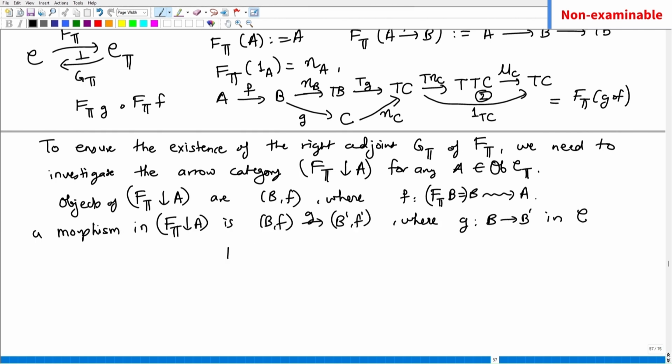Okay, so now FT of B to FT of B prime, and here we should have FT of G, which should be a wiggly morphism, and this is also F, and this is A, and this is F prime, a wiggly morphism.